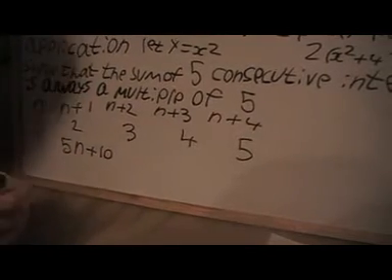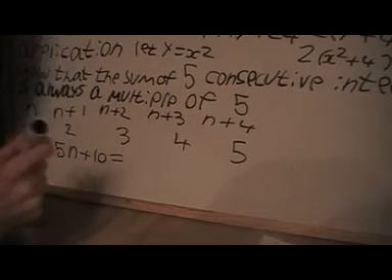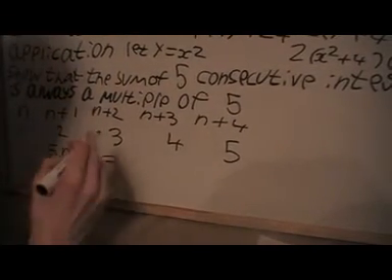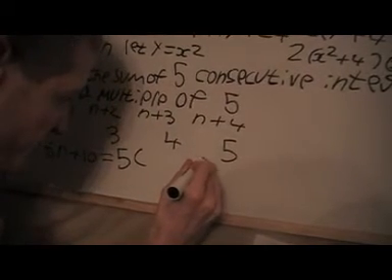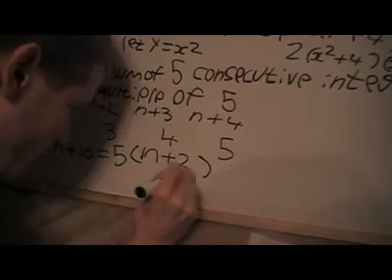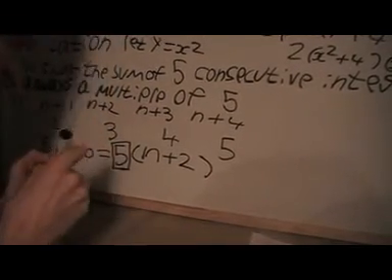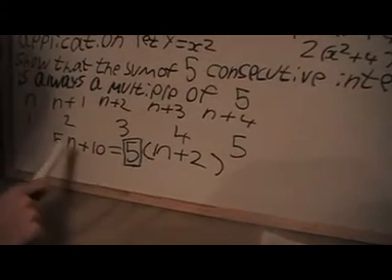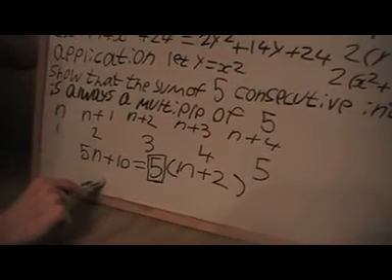And then the way that we can show it's always a multiple of 5 is that we can factor a 5 out of this expression, which is quite nice, because if we can factor the 5 out like that, that means 5 itself is a factor of this expression for whatever value n is.